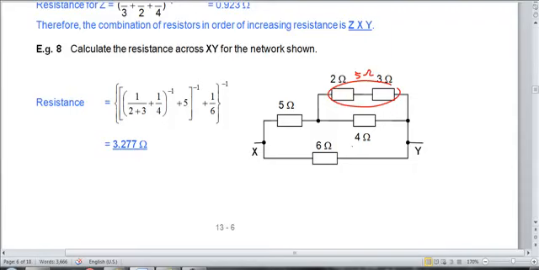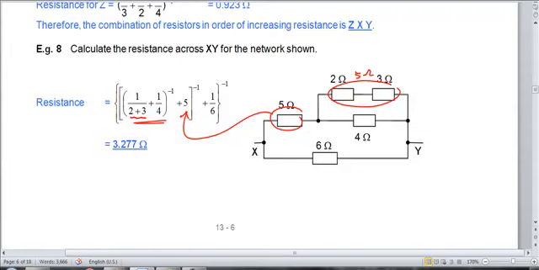So this is the series combination, and this is the 4 ohm in parallel with it. This is the 5 ohm on top and 4 ohm in parallel, and this is in turn in series with the 5 ohm here. So this 5 is for this term.